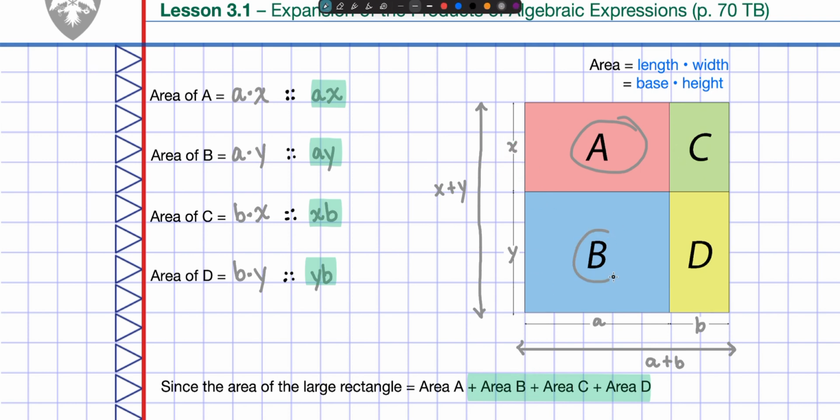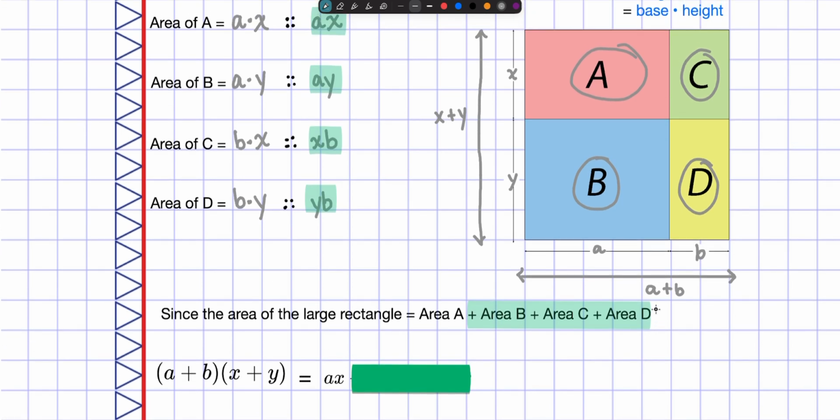The area of B added to the area of C added to the area of D, we can thus conclude that A plus B, that base, which I'm just going to call B, is multiplied by the height, and that would give us the area, which is the same thing as doing what? Taking all of these smaller components and adding them together. So, if we can wrap our minds around that, we're going to see some pretty exciting stuff.